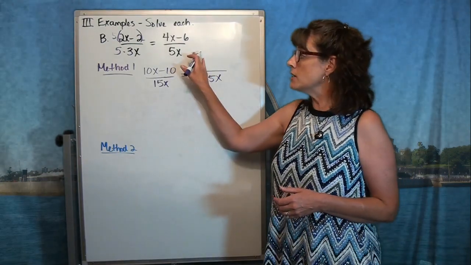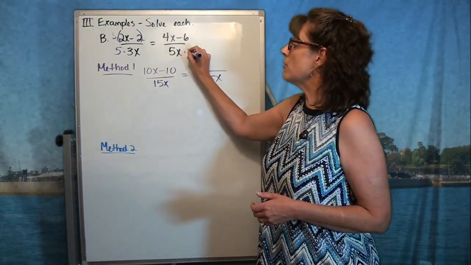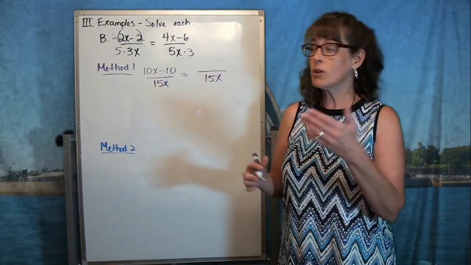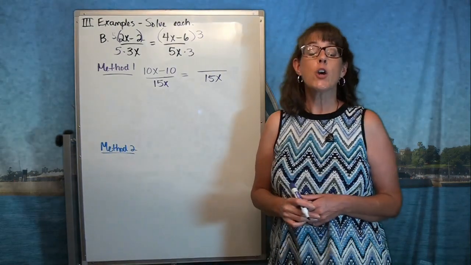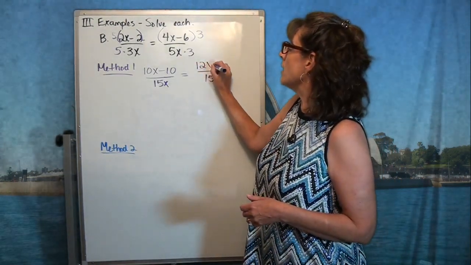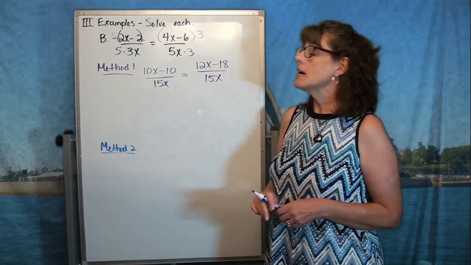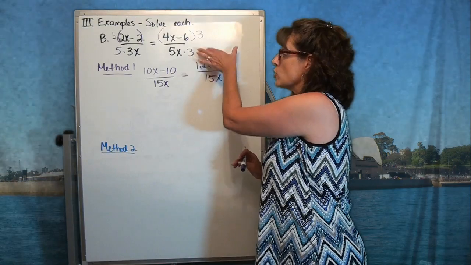Now, similar idea over here. What do I multiply that 5x by to create a 15x? Multiply it by 3. And we know that we have to do that on the numerator. And yet again, it's a pretty big, complicated numerator, so I need to multiply every term by that 3, giving me a 12x minus 18. Now, notice that there's just one fraction here.